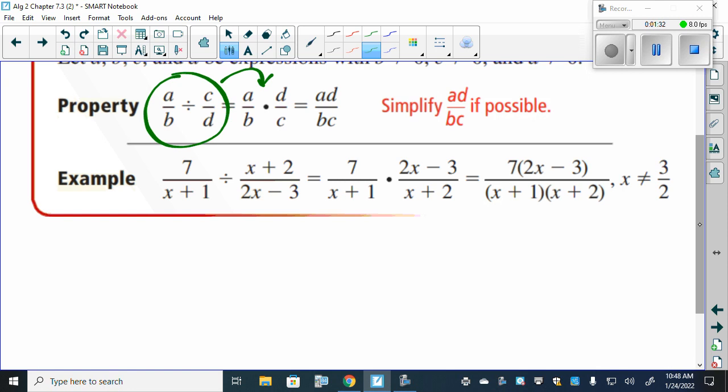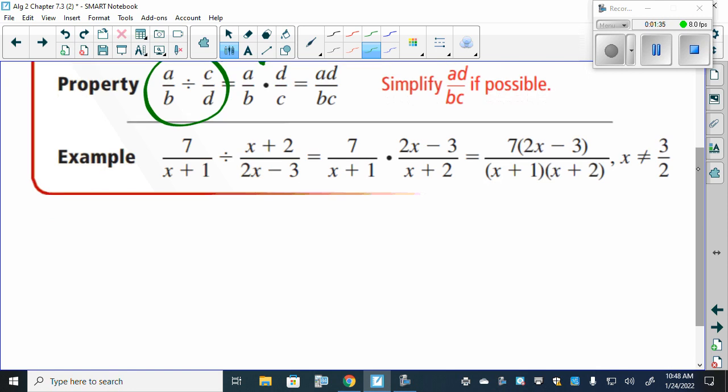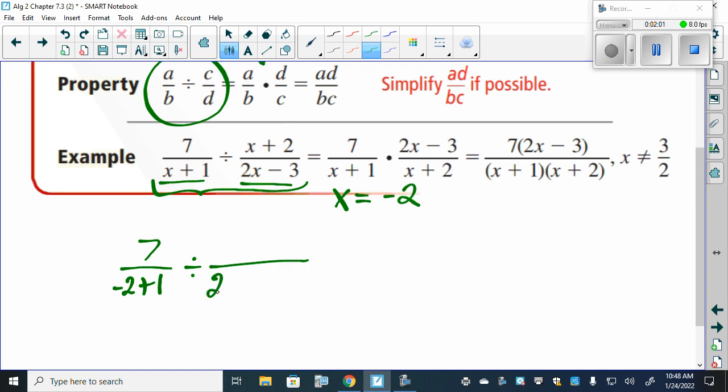Now, there is going to be one big difference with our restrictions. If we look at this here and we said x is equal to -2, well, would this be an issue? For both of these denominators, -2 plus 1, here we'd have 2 times -2 minus 3 over -2 plus 2.